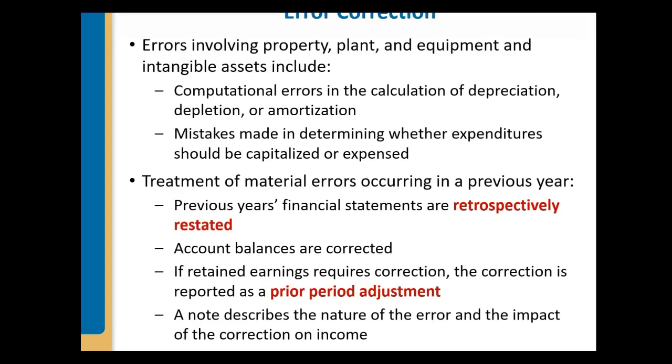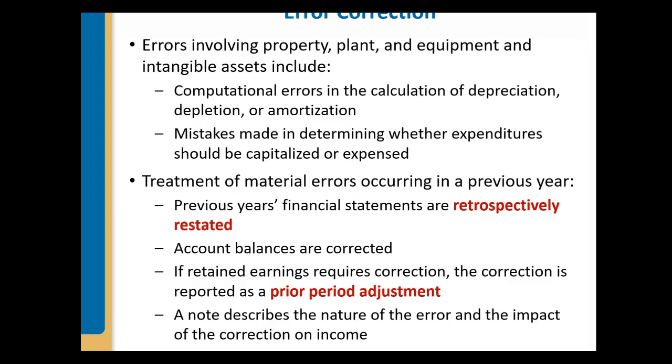Errors involving property, plant, and equipment and intangible assets include computational errors in the calculation of depreciation, depletion, amortization, and mistakes made in determining whether expenditures should be capitalized or expensed. These errors can affect many years. Here's a summary of the treatment of material errors occurring in a previous year.